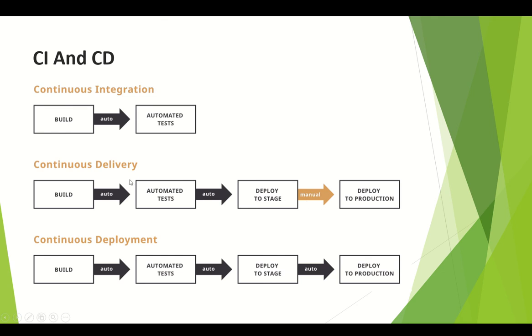Here, continuous delivery happens continuously, and continuous deployment is also automated using some tools. A build is ready, then it is tested, then deployed to the stage, dev or test environment, and if everything is correct, it is pushed to production.